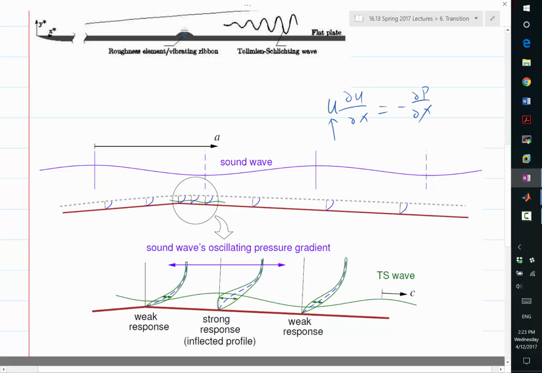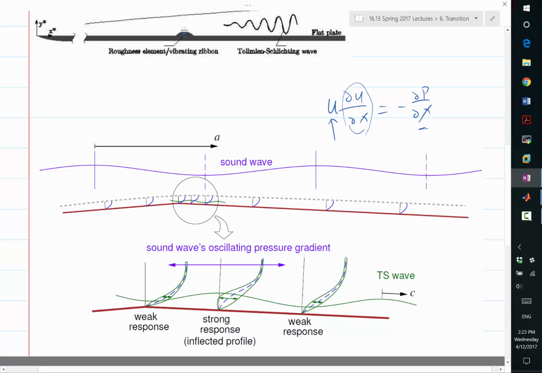So if U is slow, the ratio between the response to the forcing is a lot higher.